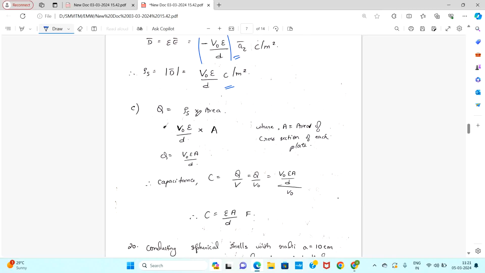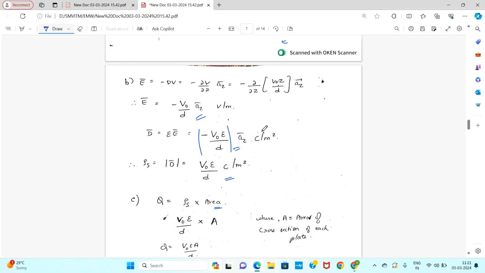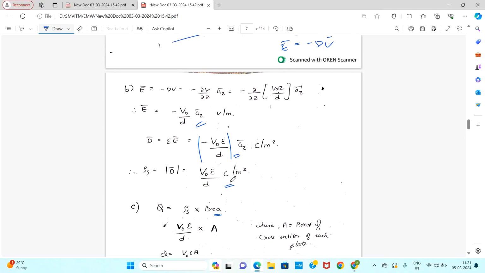Once I get this, rho S is multiplied by area. Just check this one step by step. Here they've taken rho S as the modulus of D, or the magnitude of this. If you remember, if I have a vector like x ax plus y ay, how do we calculate the magnitude? Root of x square plus y square.